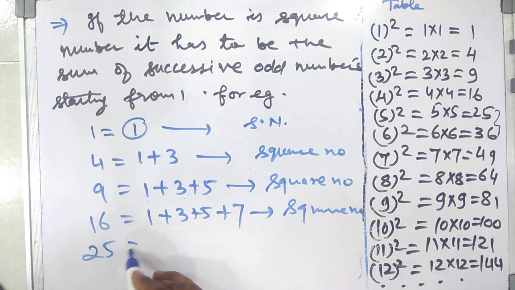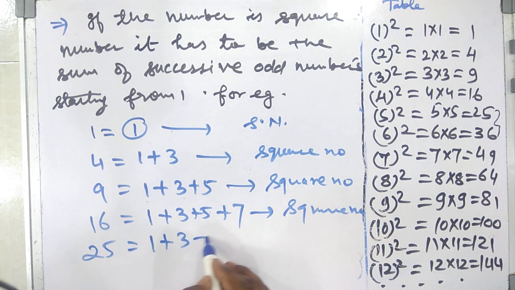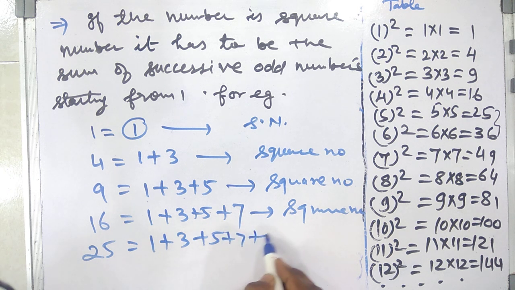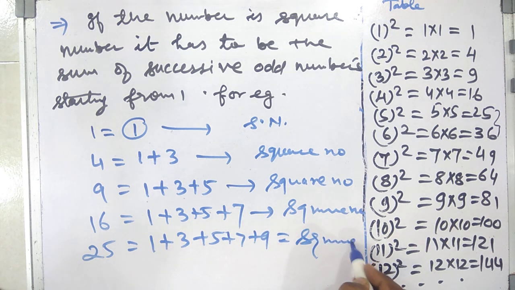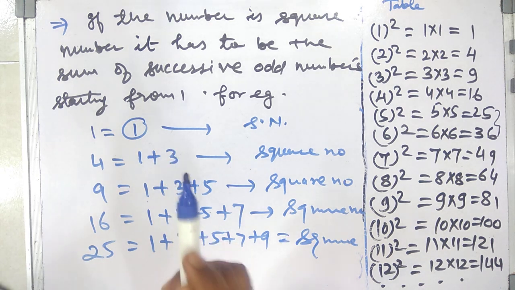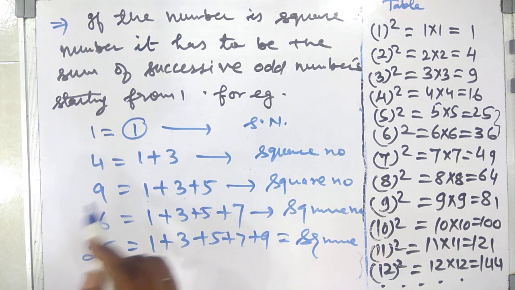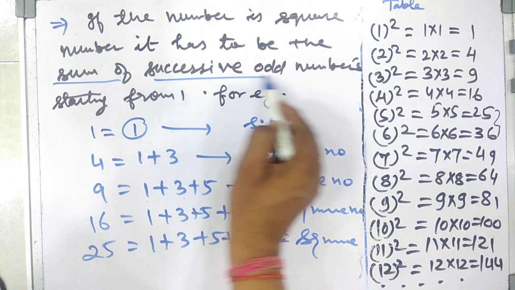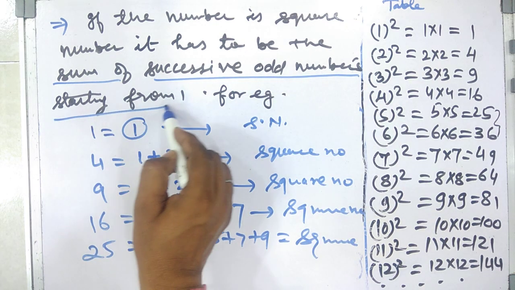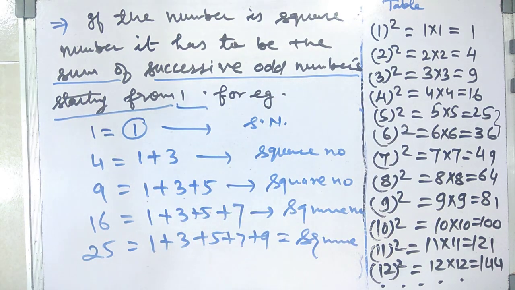Next 25, student. 1 plus 3 plus 5 plus 7 plus 9 is equal to a square number. So any square number can be expressed as a sum of successive odd numbers starting from 1, like that, students.